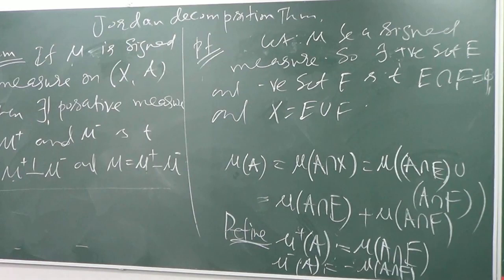So here's the thing: since mu plus' is singular to mu minus', by definition I can find two sets E and F such that one is 0 under one measure and the other is 0 under the other. And obviously if you take E prime intersection F prime, it's empty, and their union is X.